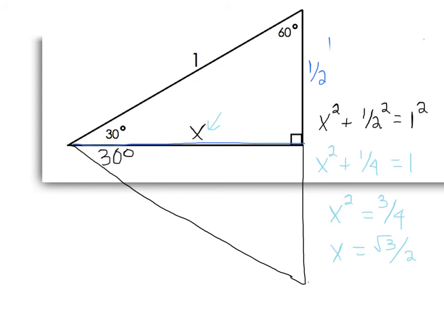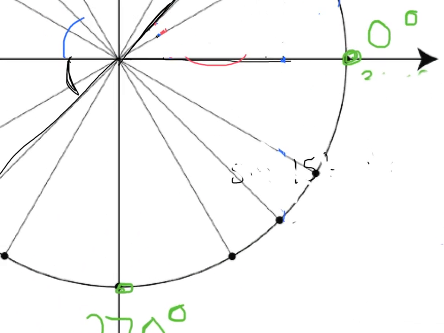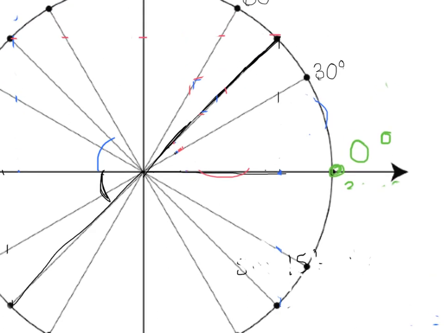But how is this related to what we're talking about with our unit circle? Well, we can also draw a 30-60 triangle right here, because this angle of 30 degrees is 30 degrees away from the x-axis. And we know that our radius is 1, and we also know that this side length here is 1/2, okay?